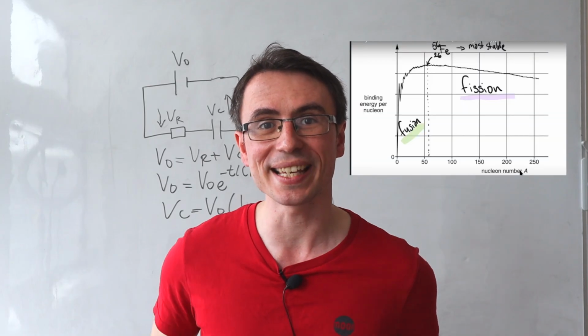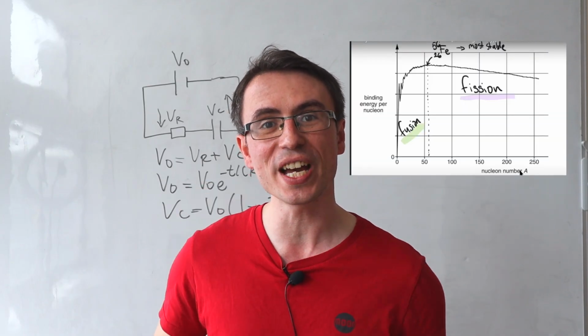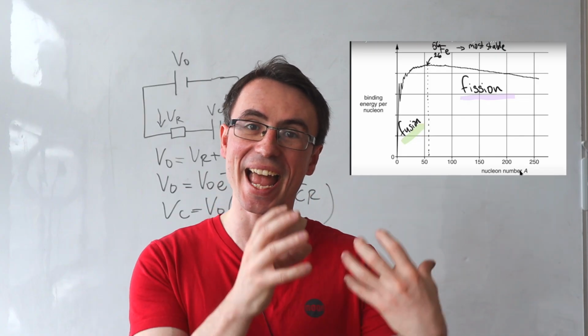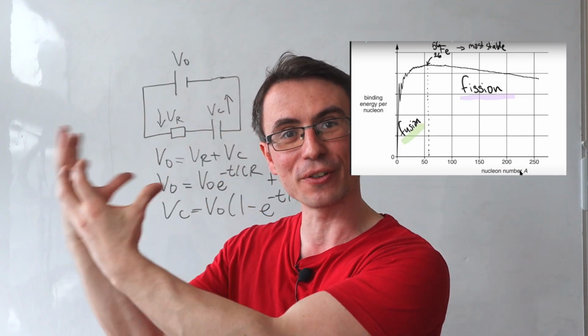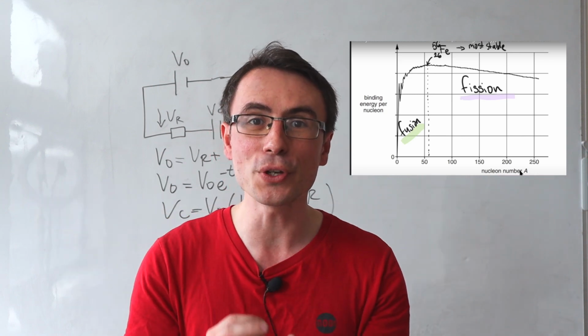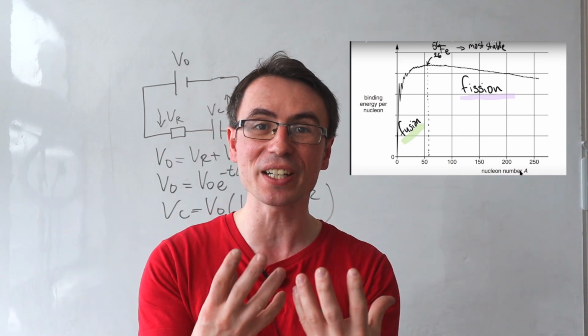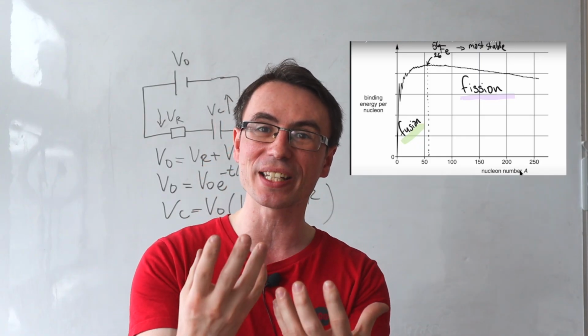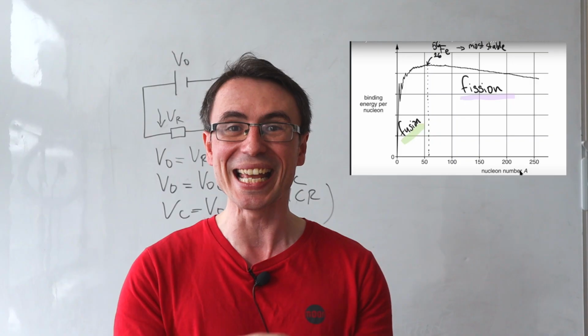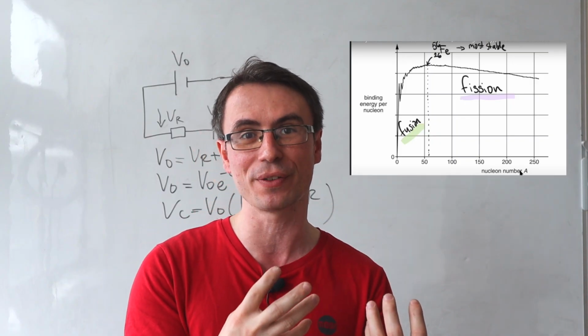In both cases, actual mass is converted to binding energy, and this is where the energy comes from: the conversion of mass. Nuclear fusion gives a relatively higher amount of binding energy per nucleon. As you can see, the rate of change of binding energy per nucleon is steeper in this portion of the graph.